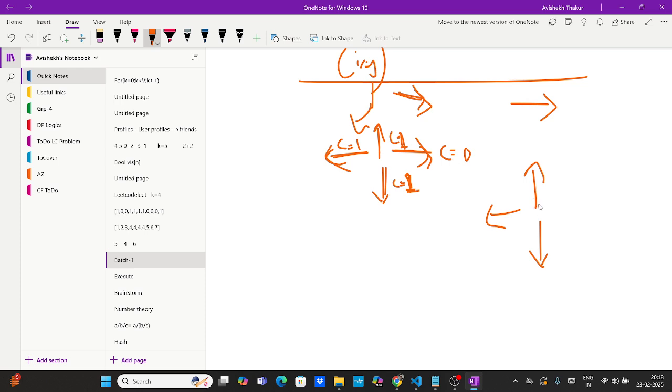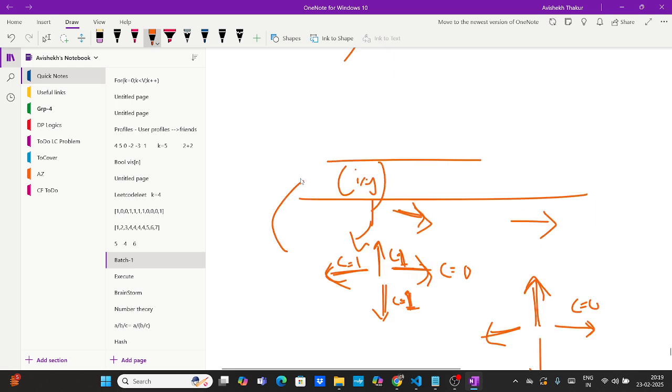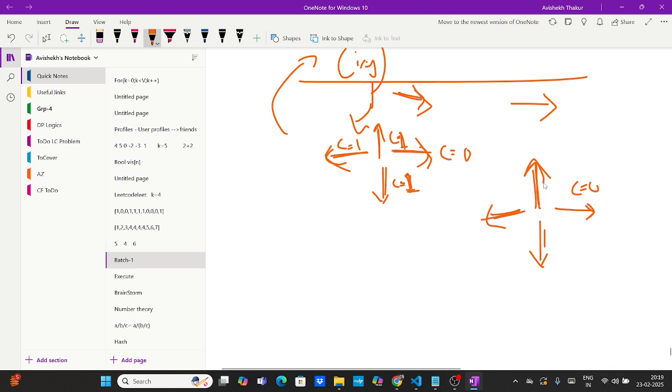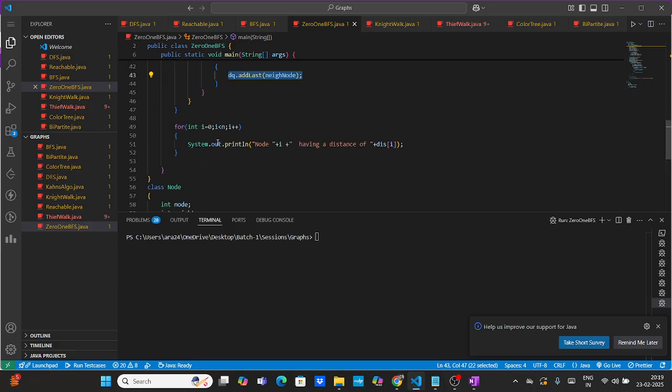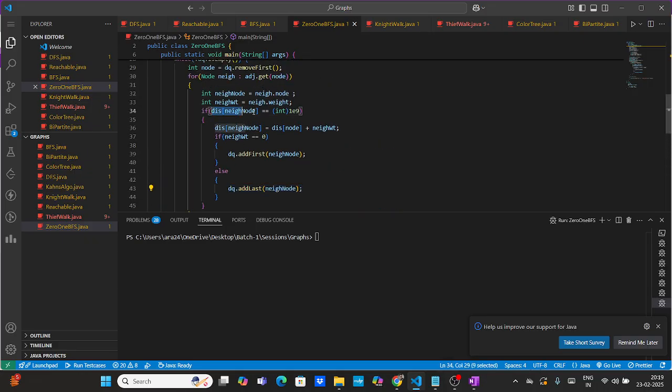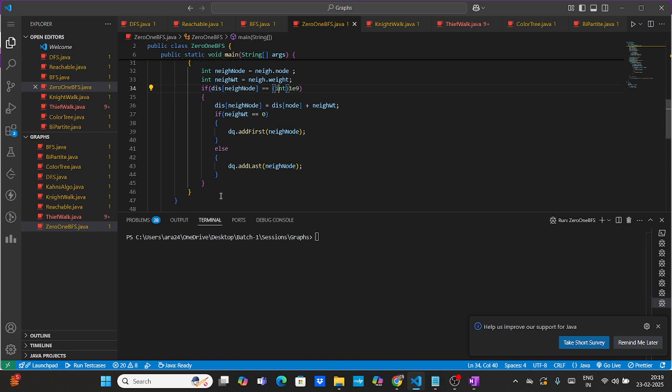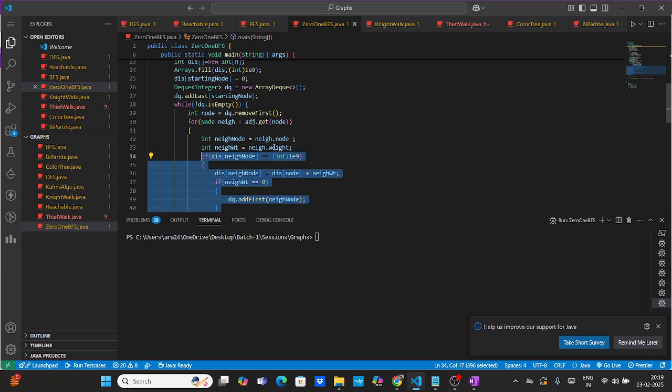If we go along the arrow, the cost is zero, so for that we add it at the front of the deque. For these others, you add it at the back. The only condition you need to check is whether the distance of I, J is greater than some larger number, then do it. That's all. Same code, copy paste. Clear? So will you guys do it?